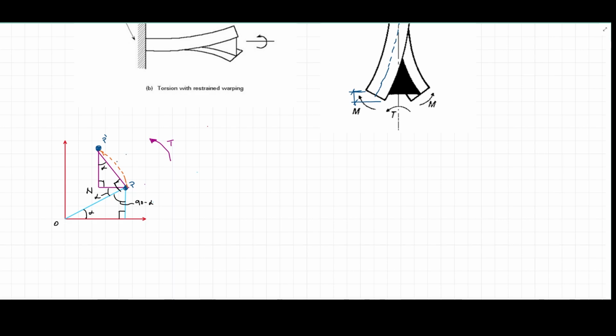Now let's analyze certain positions and distances. First, what's the position of point P? I'm going to mark it with this. That position is going to be at a distance x from the origin, and the height is going to be at a distance y.